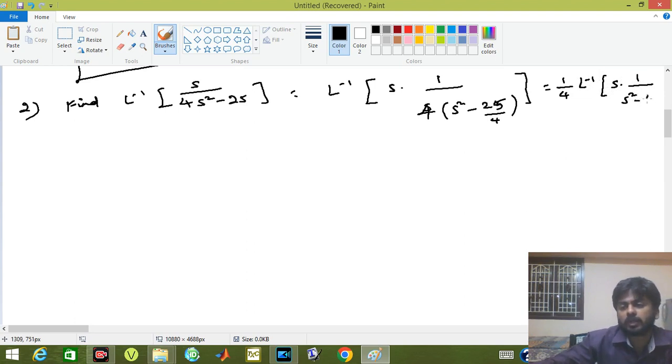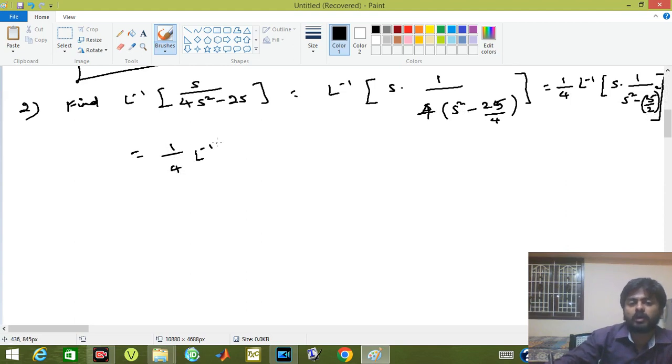minus 5 by 2 the whole square. Okay, I am writing it clearly here. This is equal to 1 by 4 L inverse of s into 1 by s square minus 5 by 2 the whole square. So here what is our f of s?